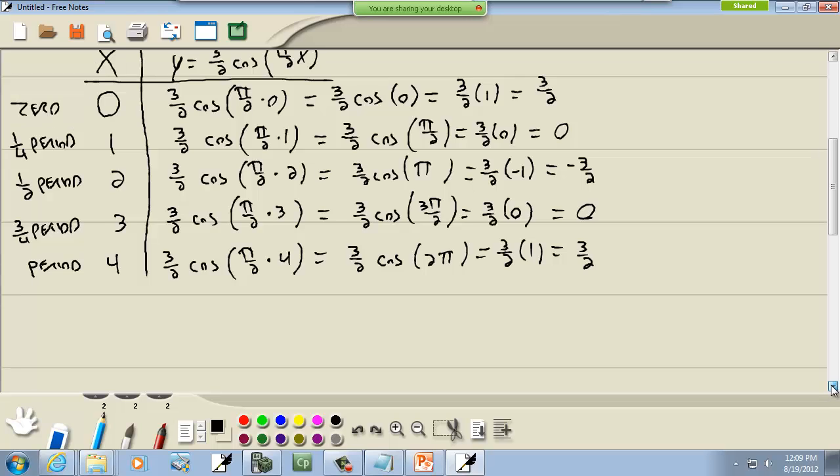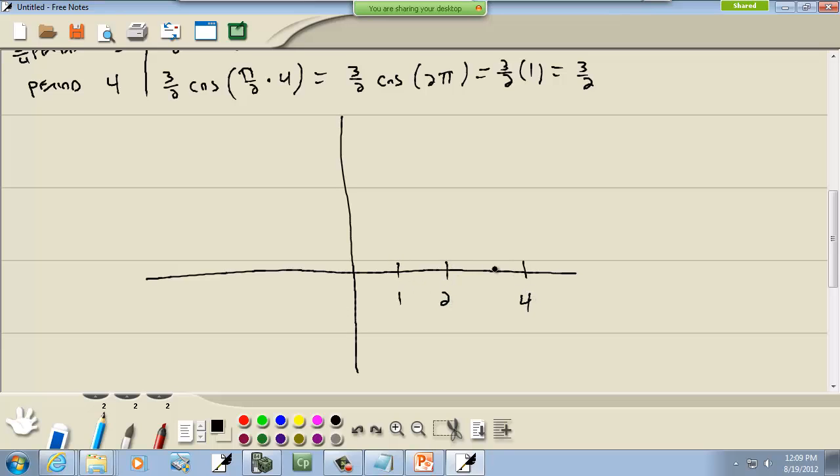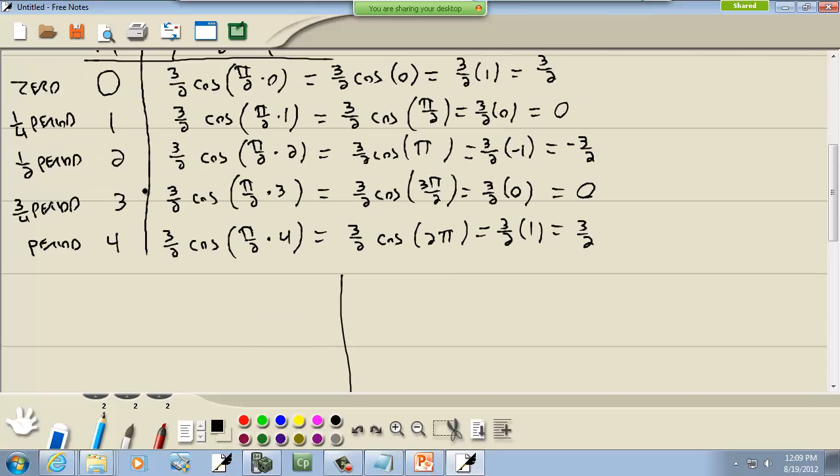Okay. So come down to here. Period is 4. So put 4 there. This will be 2, 1, 3. Try to get those to match your key x points here.